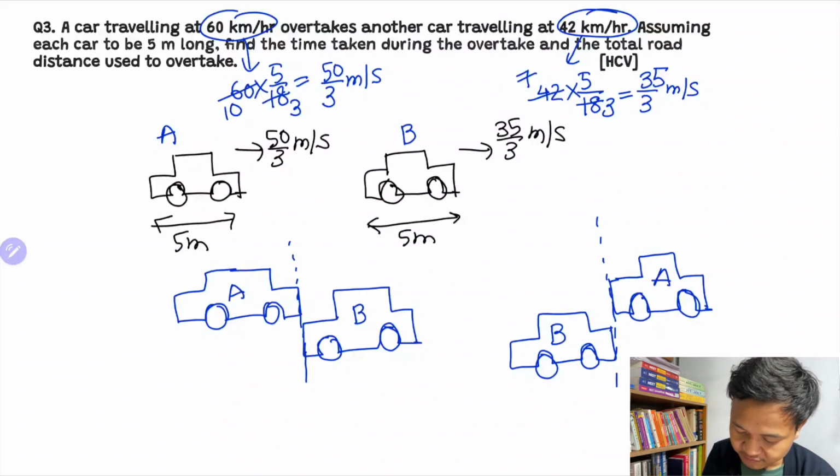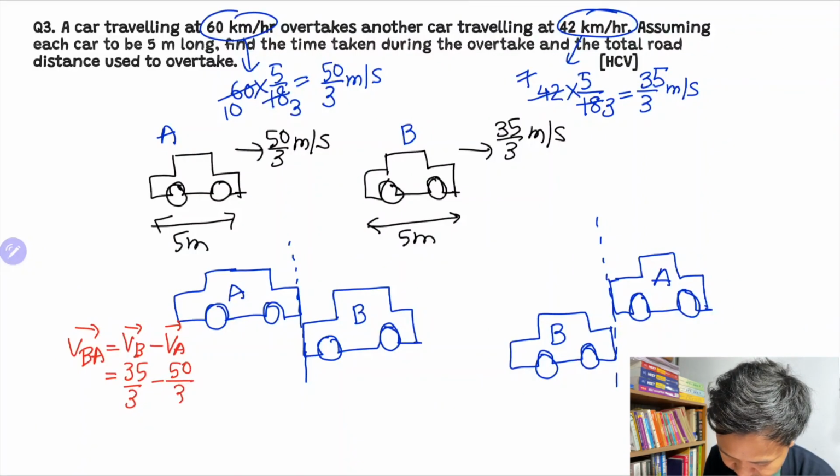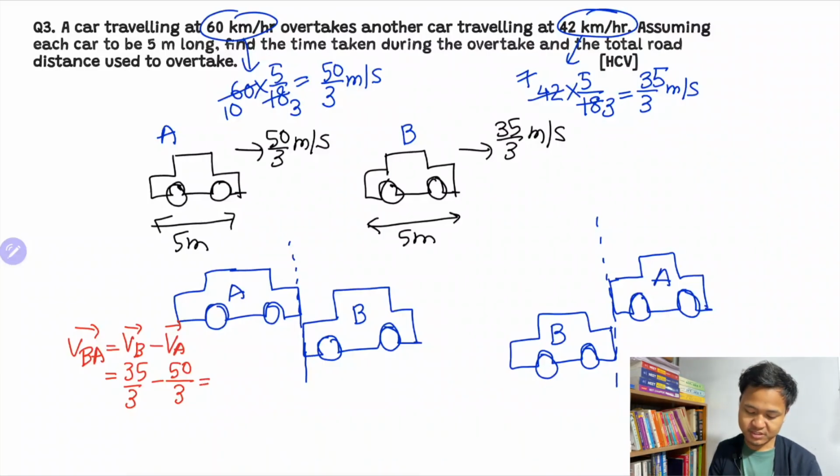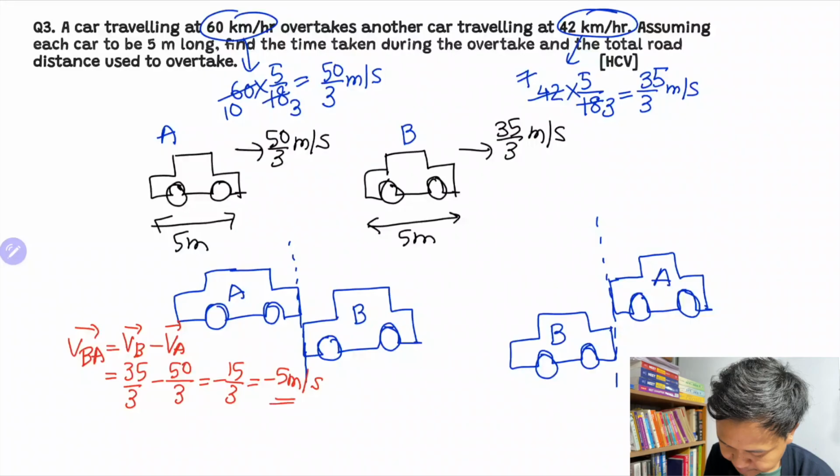Here first let's see the relative velocity. I am A, I am seeing B, so velocity of B with respect to A is velocity of B minus velocity of A. So 35 by 3 minus 50 by 3, how much is this? This is minus 15 by 3, so minus 5 meter per second.